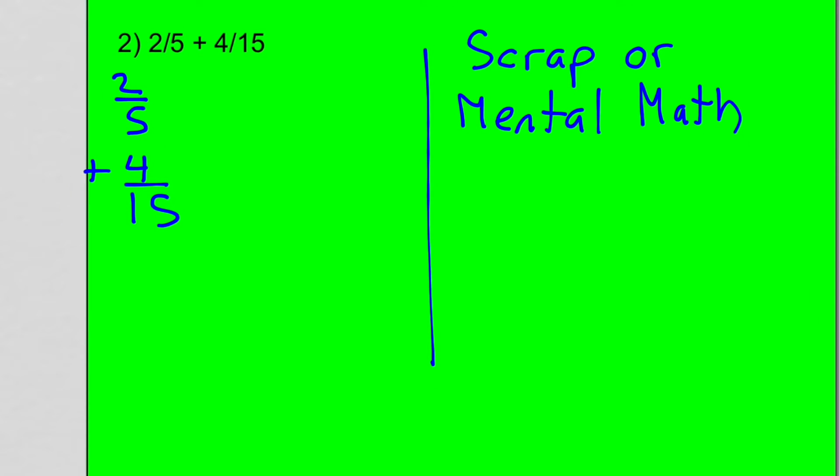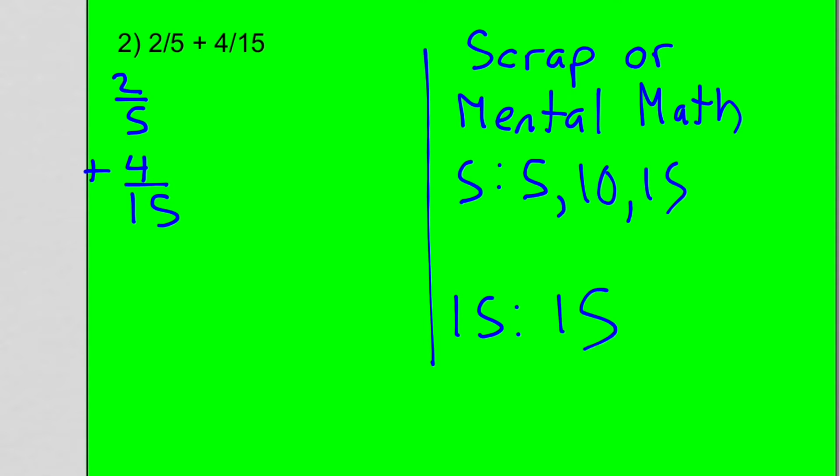The two denominators in this question are 5 and 15. So I'm going to write 5, and 15, and skip count by 5s: 5, 10, 15. And I'm going to skip count by 15s. Oh, the first multiple of 15 is 15. Once we have one the same, we're done. So the lowest common denominator is 15.